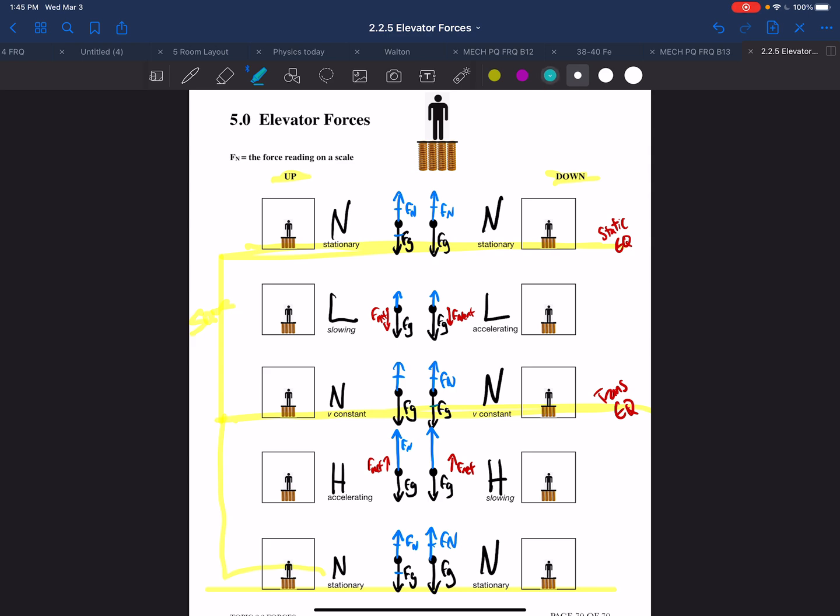But what is not at all obvious is that the scale, when we are slowing down on the way up, will read exactly the same thing as when we're accelerating on the way down.